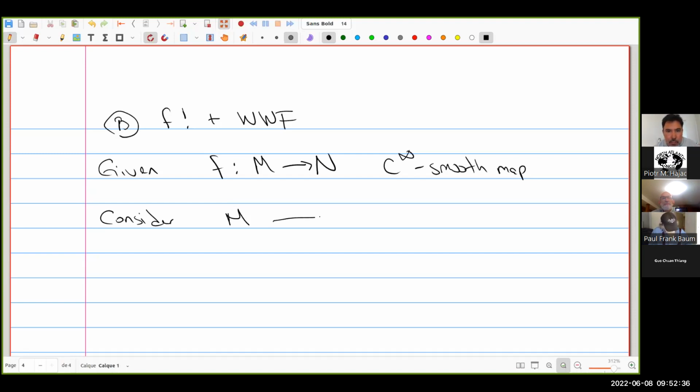So in fact, the idea is to replace this f by a non-commutative version of f, which is in fact just very easy. You will see. I will just define this map. So f times diagonal. This is a very easy map to define, but in fact the point is that this m times m here is not the product manifold m times m.